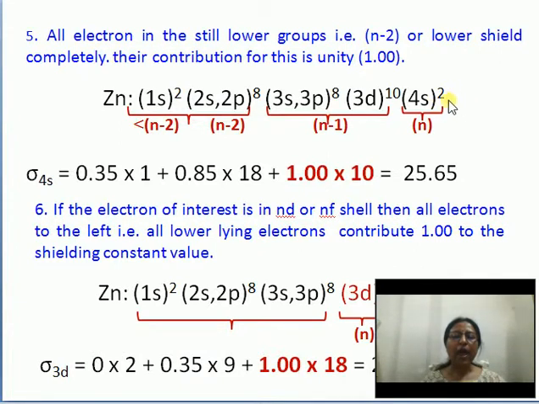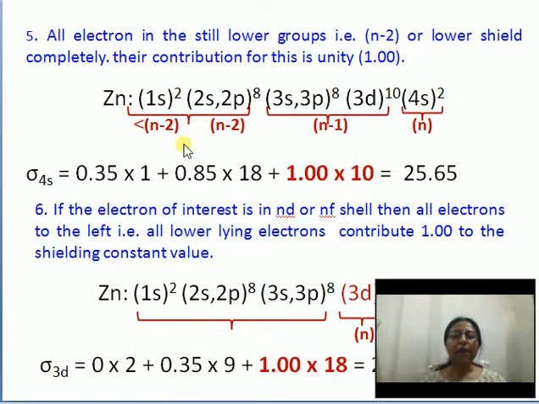And then we go for the n-1 shell. What will happen here? Here you have 10 plus 8, that is 18 electrons. As I have already told you, the contribution will be 0.85 for the n-1 shell. So it will be 0.85 into 18, and then these are the n-2 or lower shells.